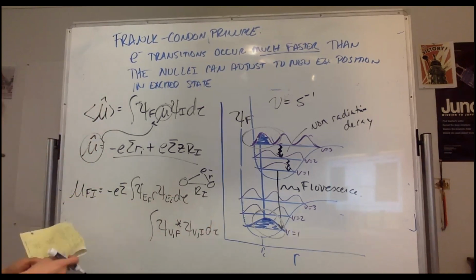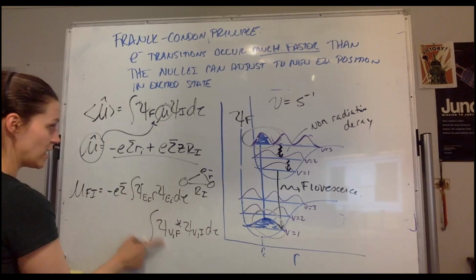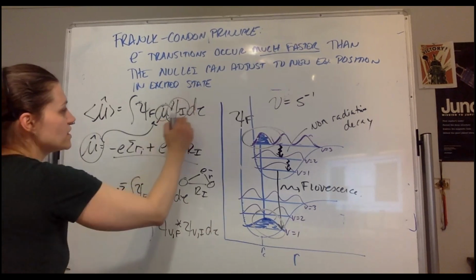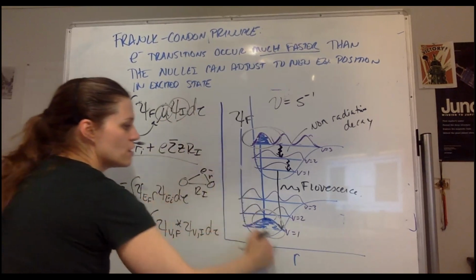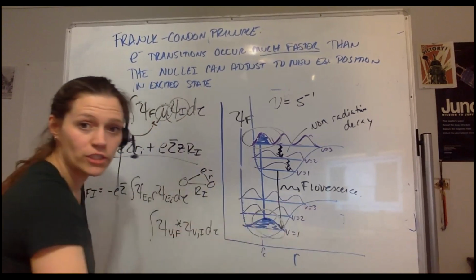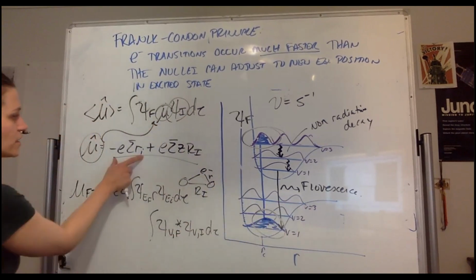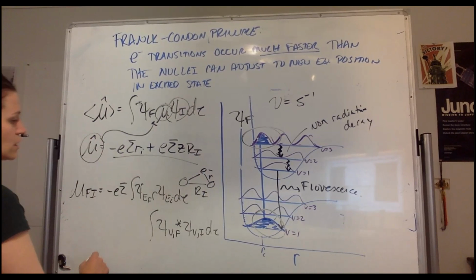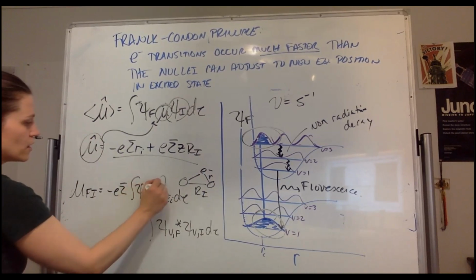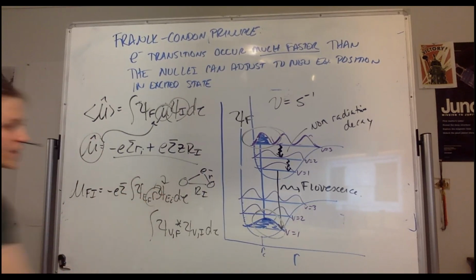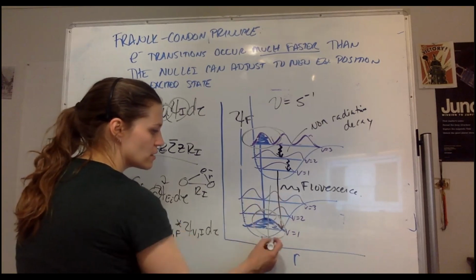These are multiplied by each other because each of these has both the electronic and the vibrational wave function. But R won't operate on the vibrational part. It only operates on the electronic because the vibrationals aren't dependent on R.